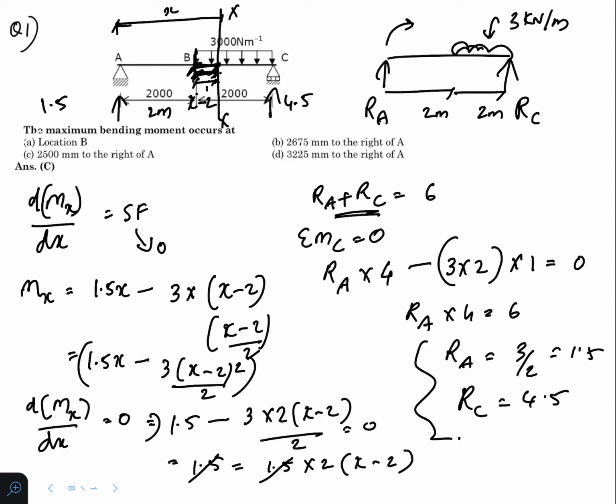Cutting this, you will have x minus 2 is equal to 0.5, which implies x is equal to 2.5. So maximum bending moment occurs at 2.5 meter to the right of A. So that will be option C: 2500 mm to the right of A is the correct answer.